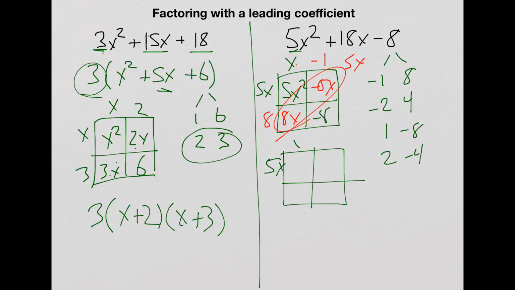But now, does that throw out 8 and 1? Well, I could have a negative 8, but I could also, 5x squared negative 8, I could also put the 8 here and the negative 1 here. Now we have 5x times 8 is 40x, and x times negative 1 is a negative x.